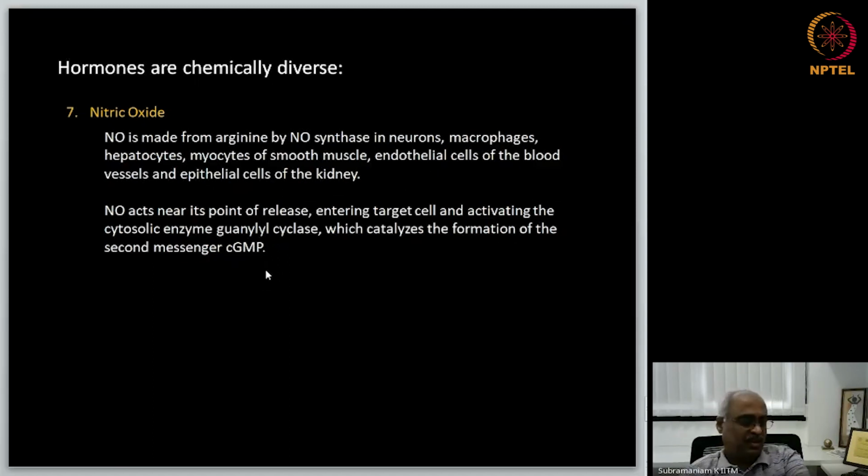Another gaseous hormone molecule exists in plants, and that's called ethylene. Ethylene again is a gas that's required for fruit ripening. These enter target cells and activate cytosolic guanylyl cyclase, like adenylyl cyclase. This is guanylyl cyclase producing cyclic GMP, and cyclic GMP has its own set of downstream effects.